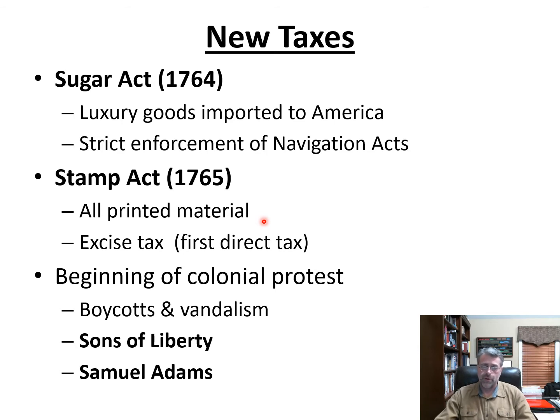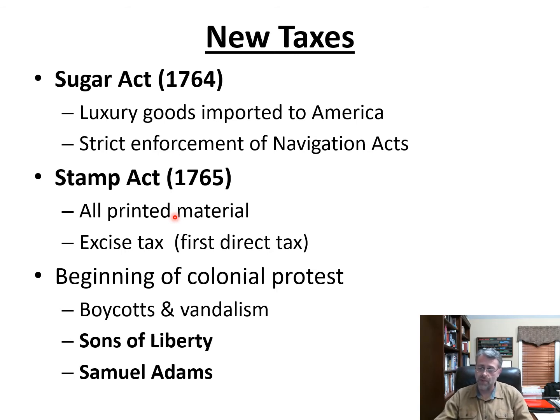Basically, in order to get these printed materials, you have to have some sort of certification stamp on these goods that show that the tax has been paid. Kind of a modern day equivalent of this, like say if you need a license for something, or a building permit, or a marriage license, or a birth certificate or death certificate, notarized or certified, you take it down to the courthouse and they're going to put a stamp on it.